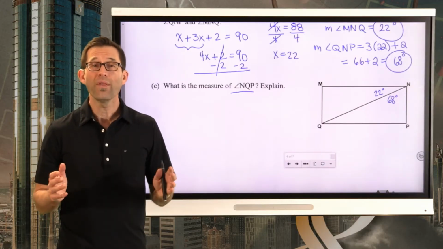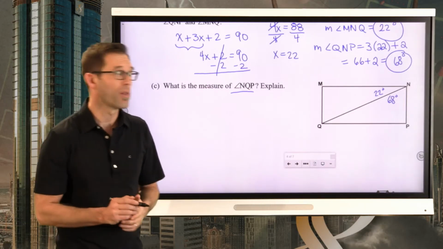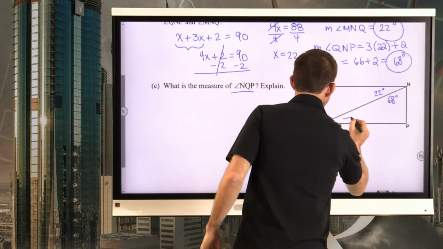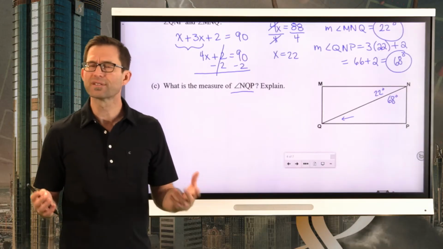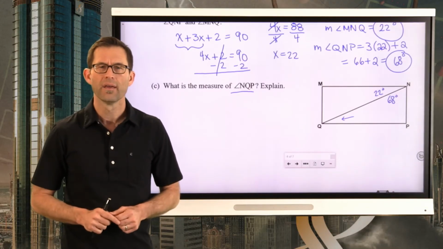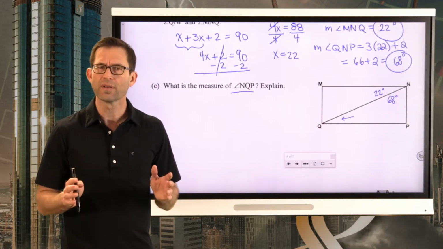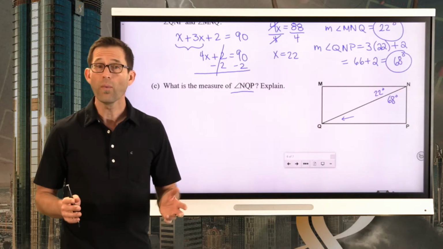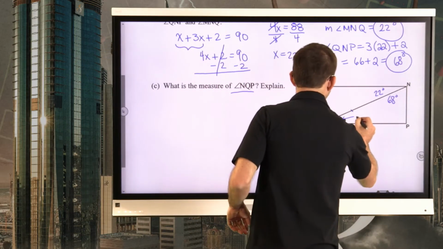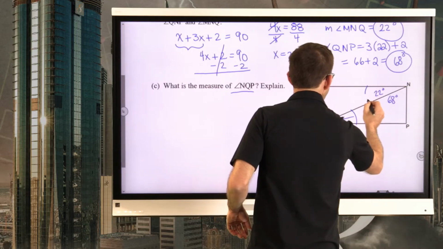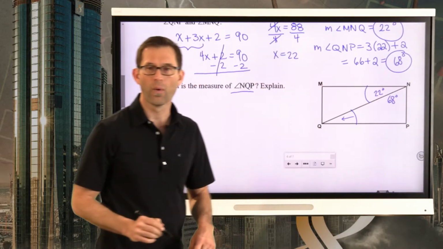One of the cool things about finding the measure of angle NQP, which is this one right down in here, is that there are two very distinct ways of finding it, and yet they give you exactly the same answer. One way is taking advantage of the fact that the angle we're looking for is an alternate interior angle to that one.